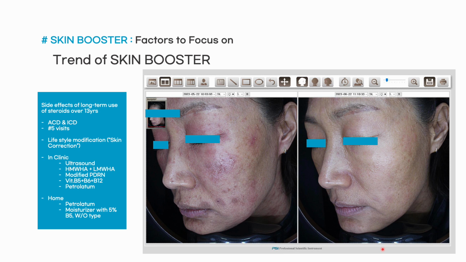This patient was unable to use topical steroids and cosmetics containing polyols. Polyol means polyalcohol, mainly glycerin and glycerin derivatives like propylene glycol and butylene glycol. The problem is that these ingredients, glycerin, propylene glycol, and butylene glycol, are included in almost all cosmetics.